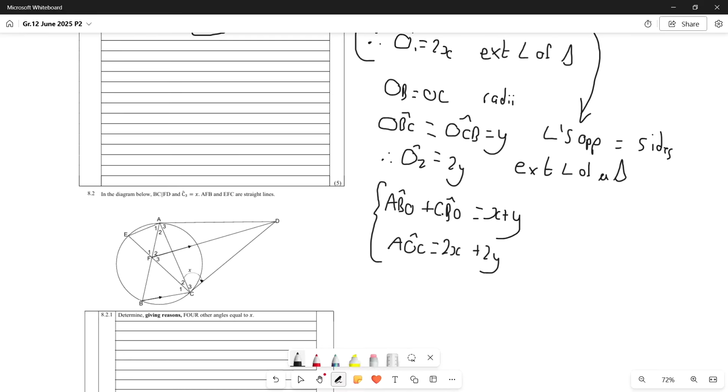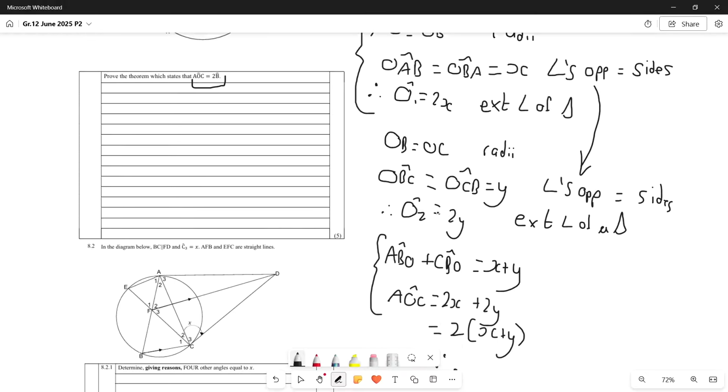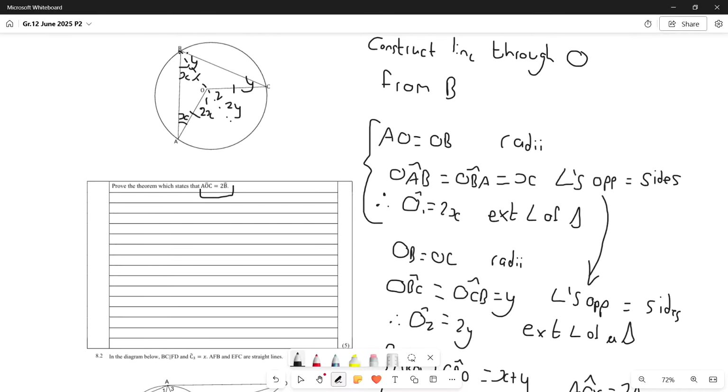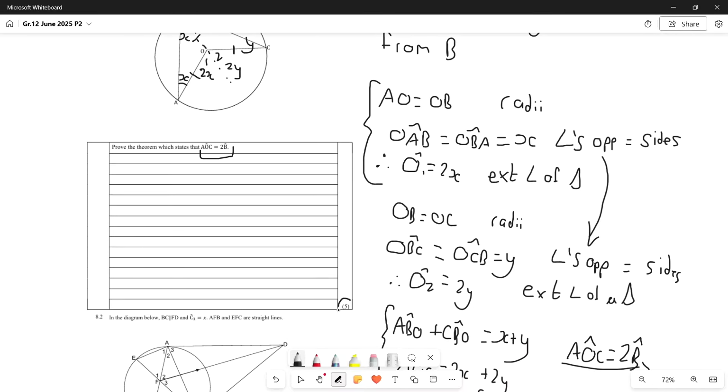So we have proven both of these already, and therefore AOC, if we were to factorize the 2 out of here, we would say 2 times (x plus y) over there, and therefore this guy, AOC, is 2 times the size of this whole angle here. And we can just finish our statement by writing this final answer, that AOC equals 2B. And we have just proven that angle at center equals 2 times angle at circumference, earning ourselves 5 marks.